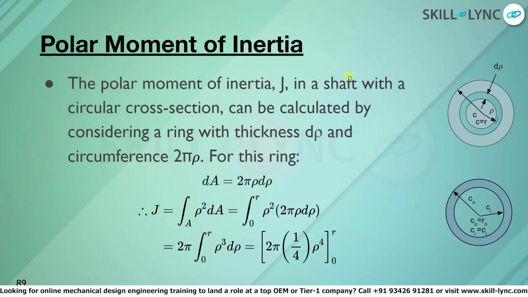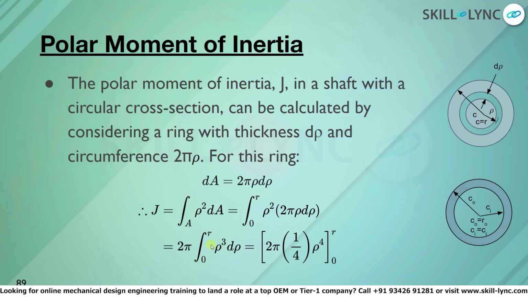To calculate J for this shaft, from the previous slide we know that J is equal to the integration of rho square dA. Now taking the integration of rho square dA with limits 0 to r, if we substitute the value of dA in this equation, we get 2 pi times the integration from 0 to r of rho cube d rho.